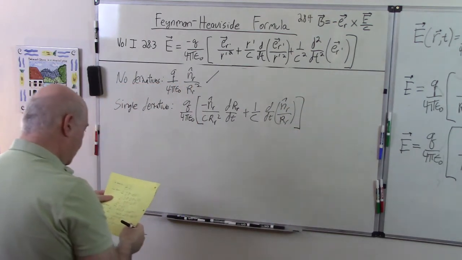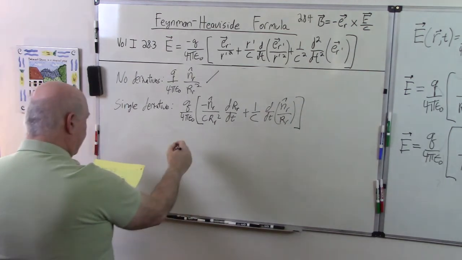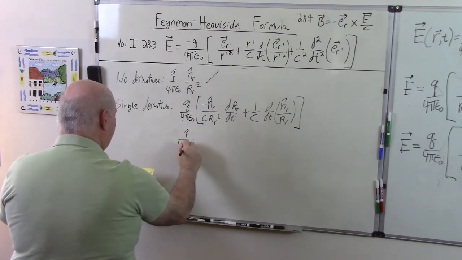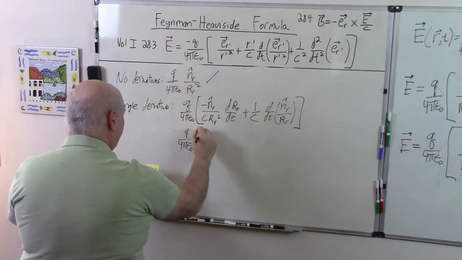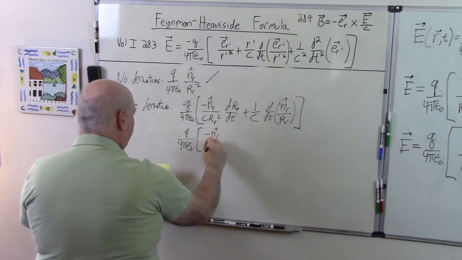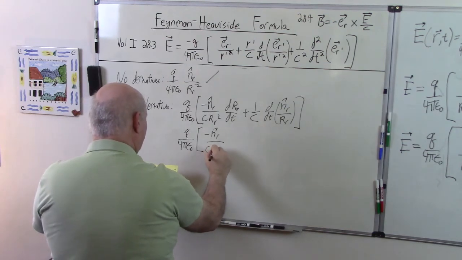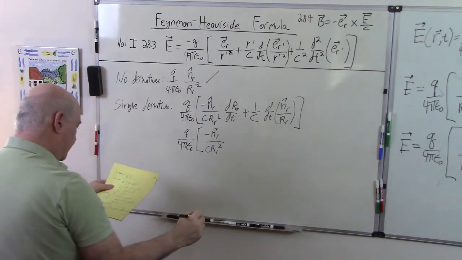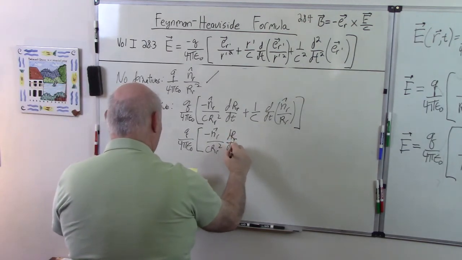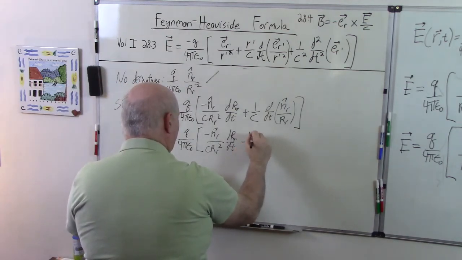And now just evaluate that. I'm going to get q over 4 pi epsilon 0, minus n_r hat over c r squared d r_r dt, minus n_r hat.